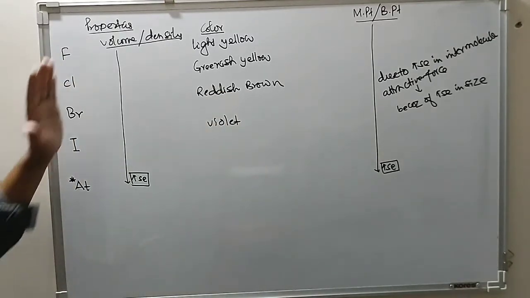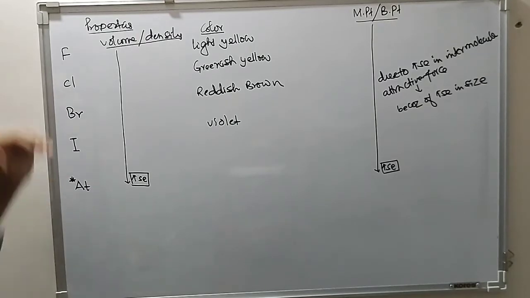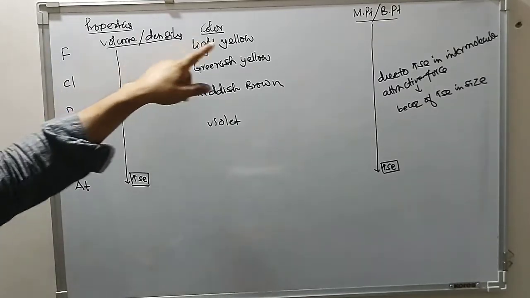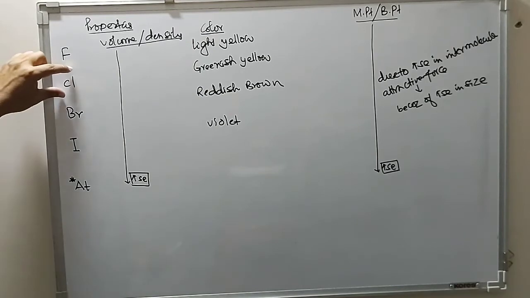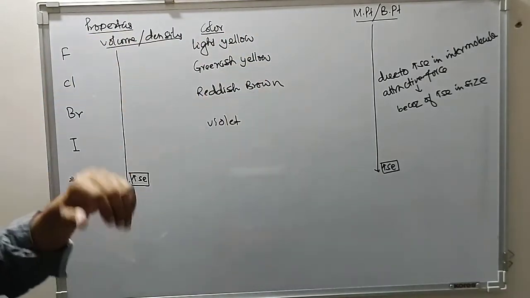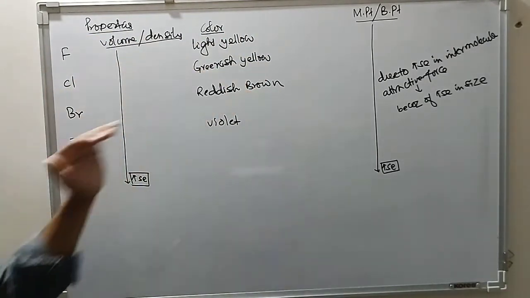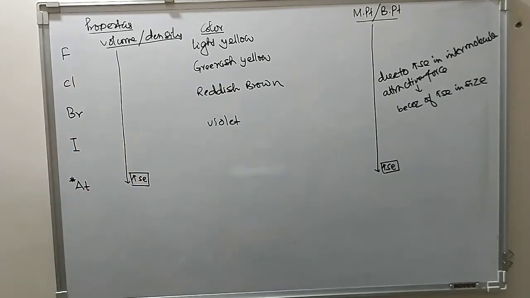So there is a distinct color of these halogens. Fluorine, light yellow, chlorine, greenish yellow, bromine, reddish brown, iodine, violet.